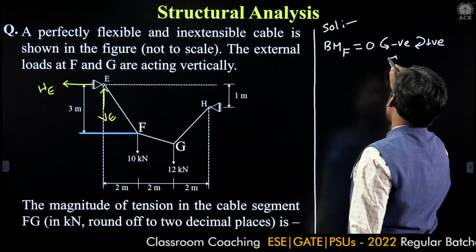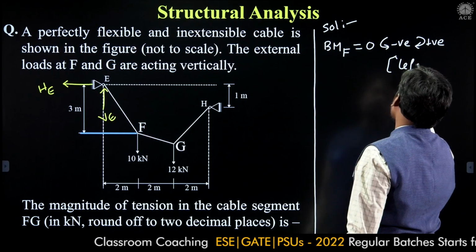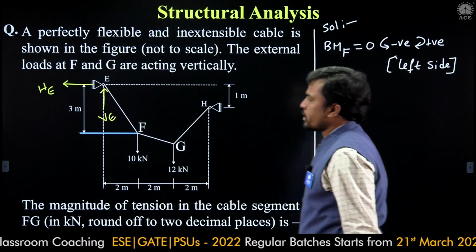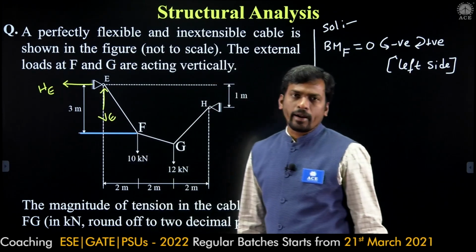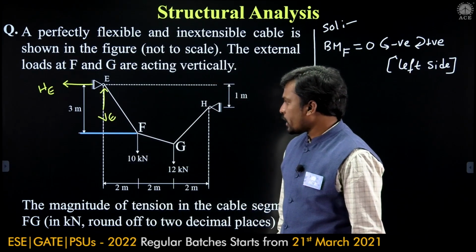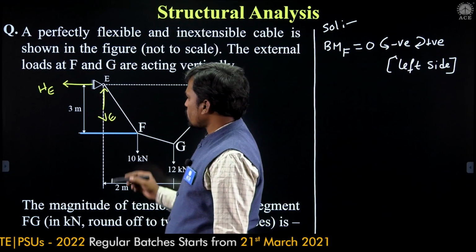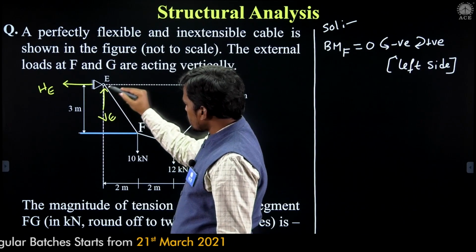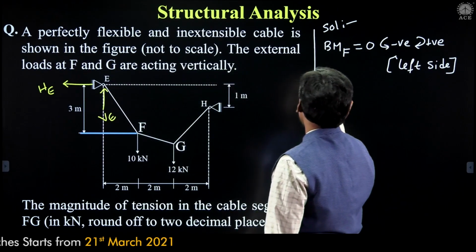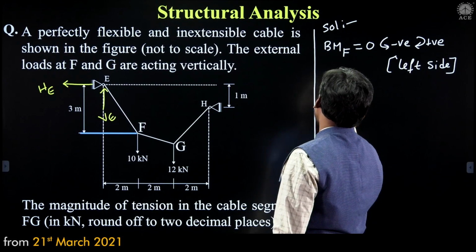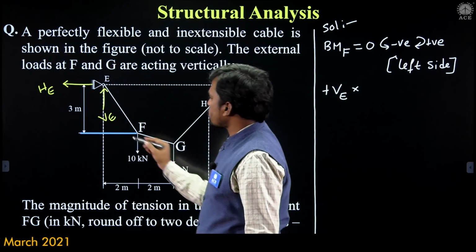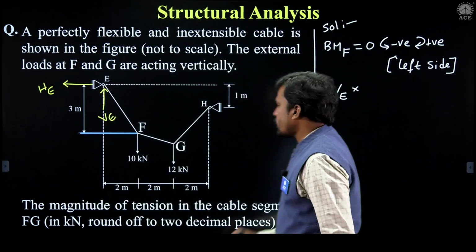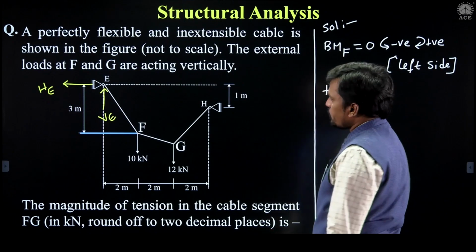We are looking at the left side, just left of the point F. First, does the vertical reaction develop a clockwise or anti-clockwise moment? This is clockwise, so clockwise is positive VE. And what is the perpendicular distance up to point F? This is given as 2 meter, force into perpendicular distance, so this is 2 meter.